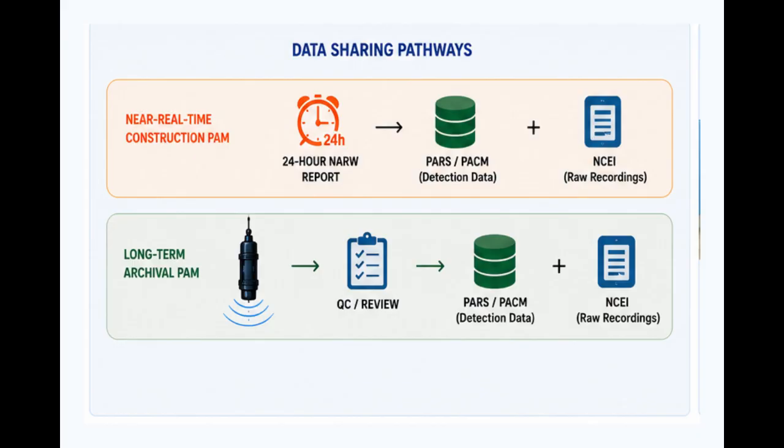Analysts need to confirm that the files match the deployment metadata. They need to document interruptions in recording, and they need enough calibration and metadata information so another user can understand what was recorded, where, when, and with what instrument.